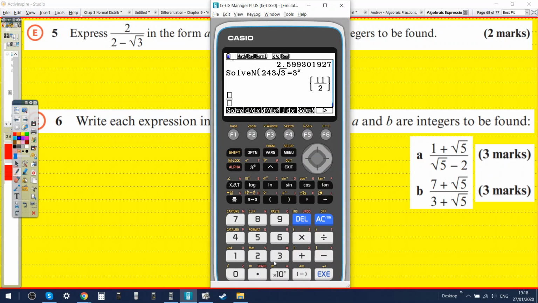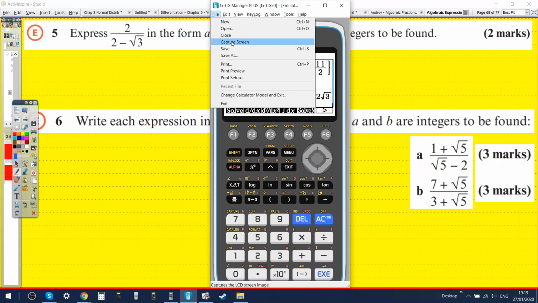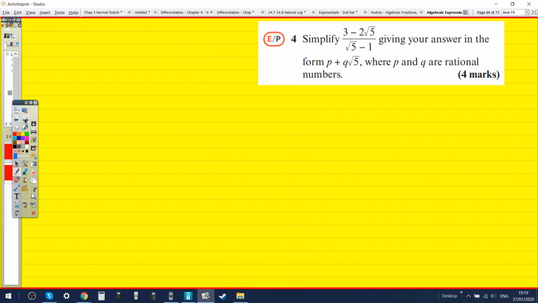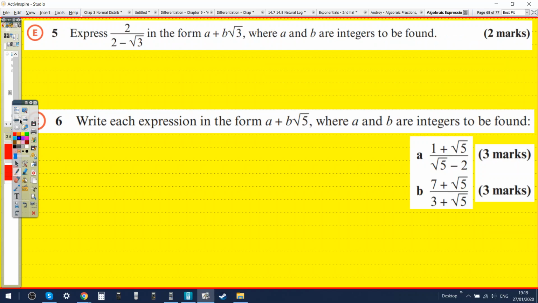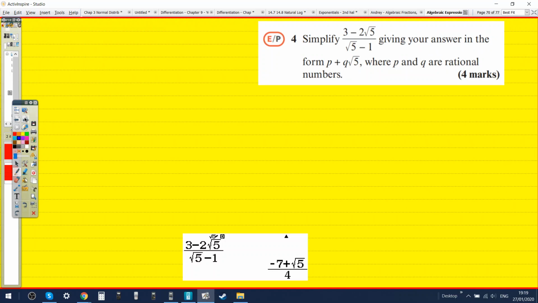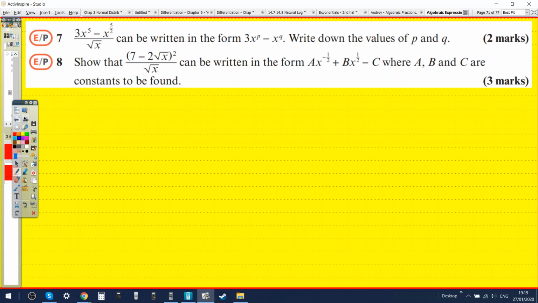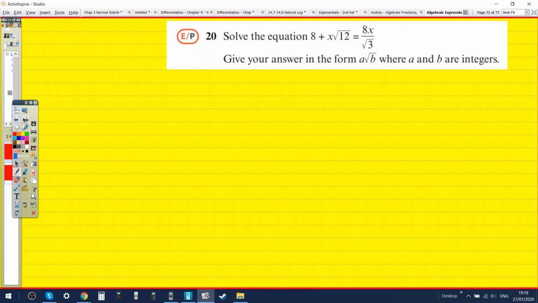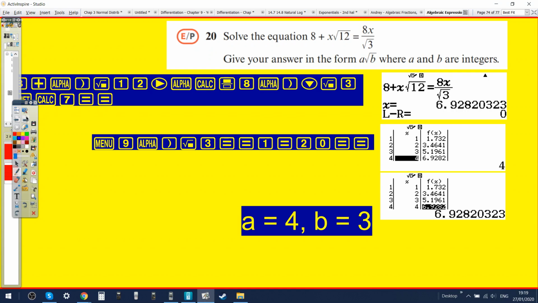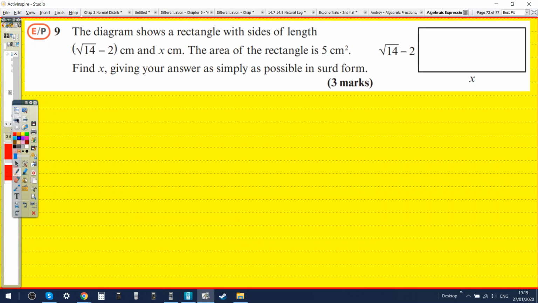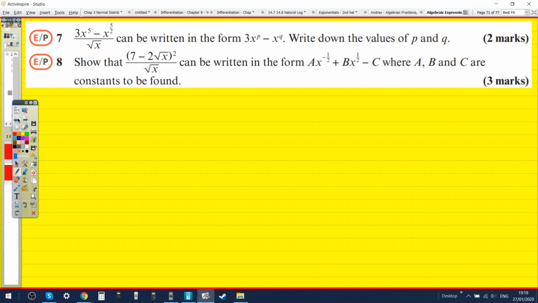I'll just check. 2 over 2 minus shift root 3, press equals, and it auto rationalizes. Same with expanding surd brackets.